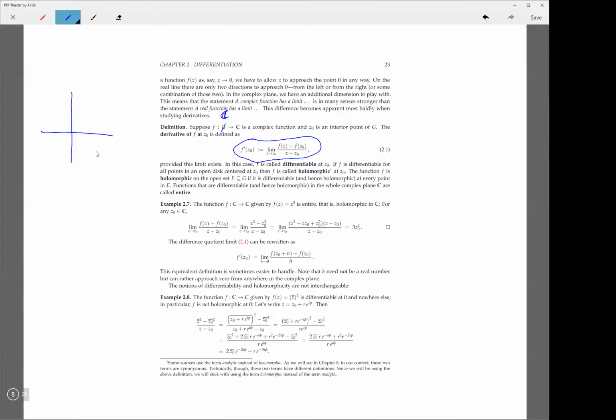So you have the domain is something like this. You could have a situation where it's differentiable on some line and not differentiable anywhere else, so then it wouldn't be holomorphic. But you could have a situation where you're differentiable right at a point, and in a neighborhood around that point you're also differentiable everywhere there. And that's called holomorphic.